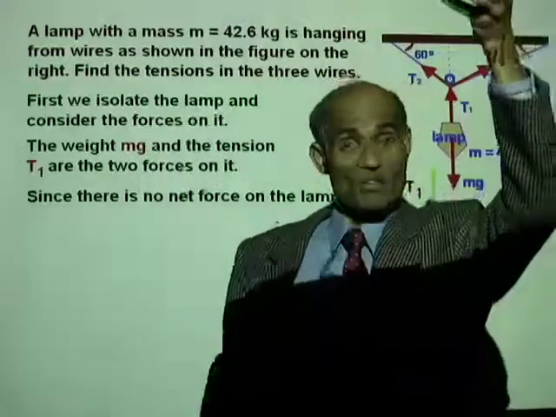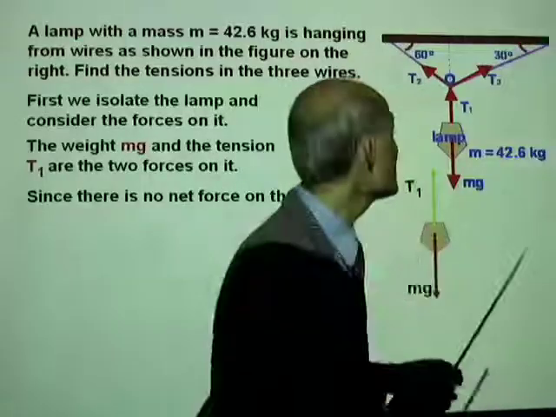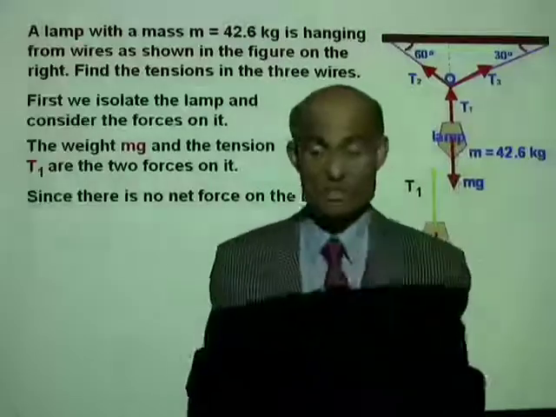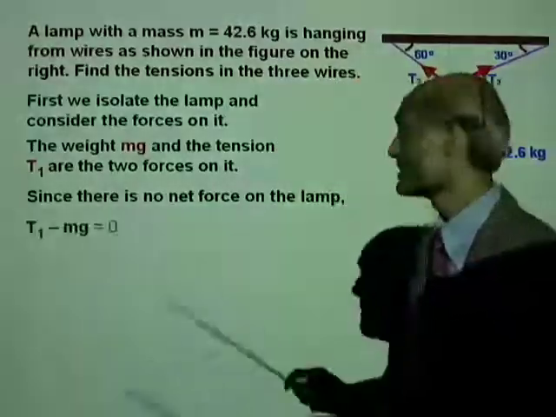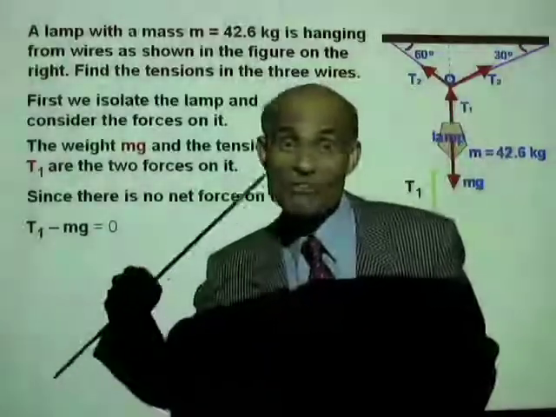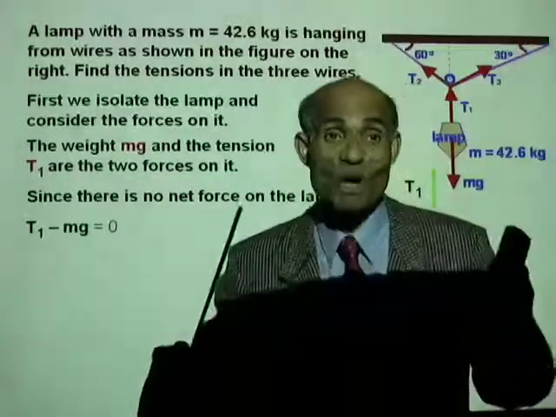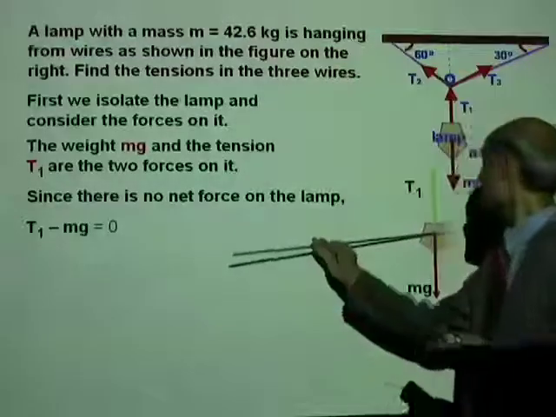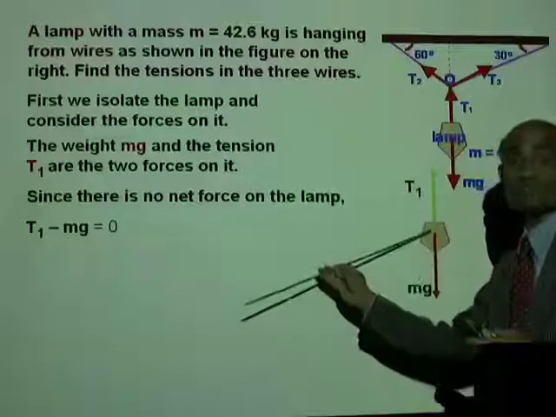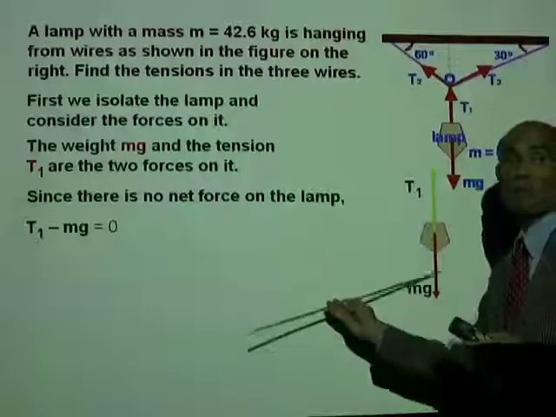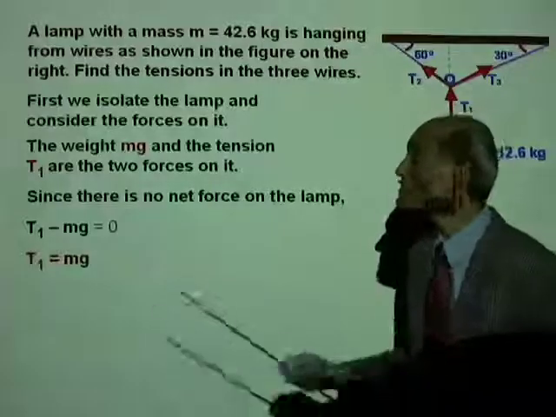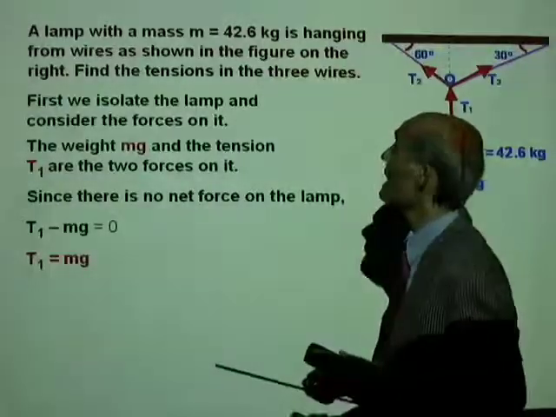Since none of this is happening, there is no net force on the lamp. That means you can now write an equation. Now remember, when you write equations, they are vectors, so you need to use the proper sign. T1 is a positive vector, mg is a negative vector, so that will be T1 minus mg equal to 0. And that gives you T1 right away.